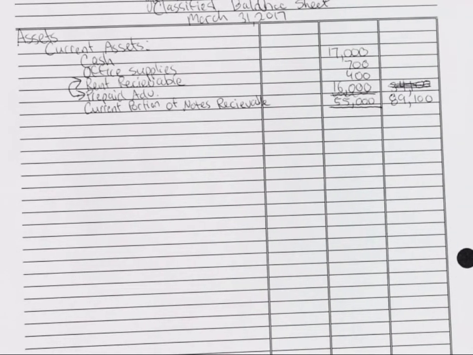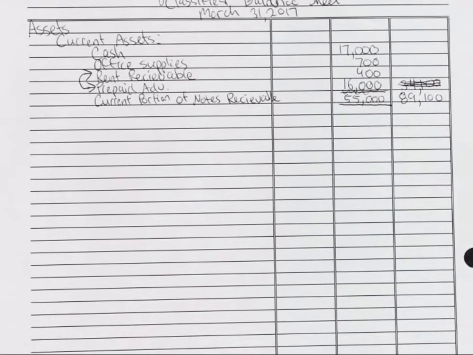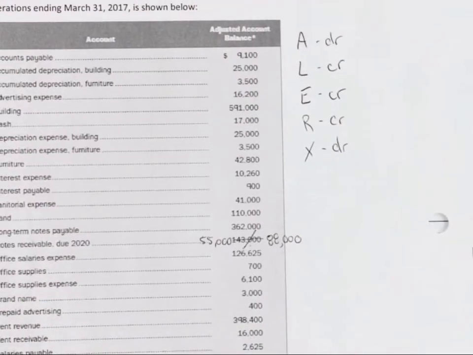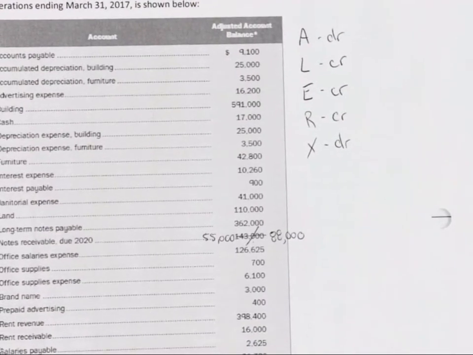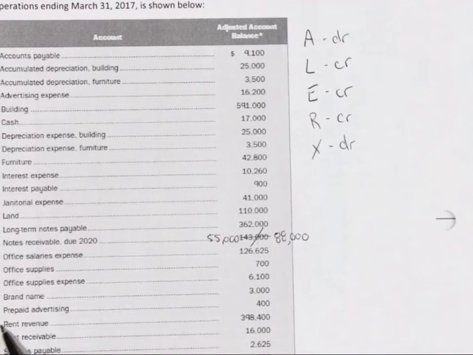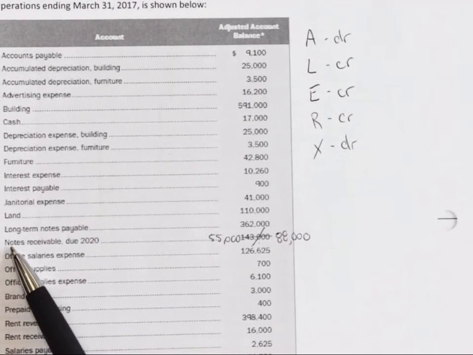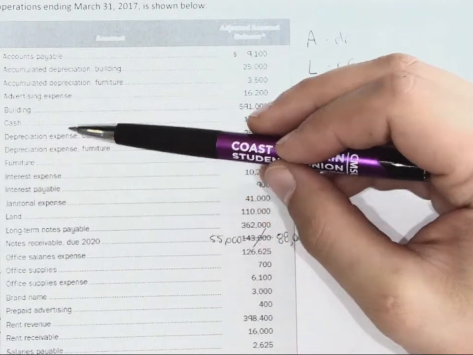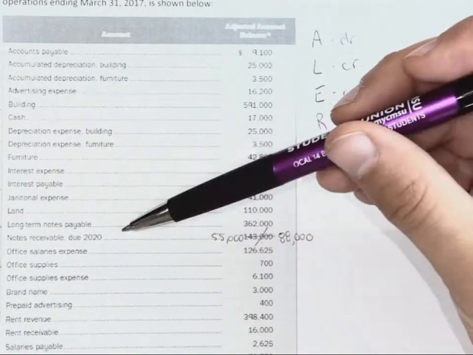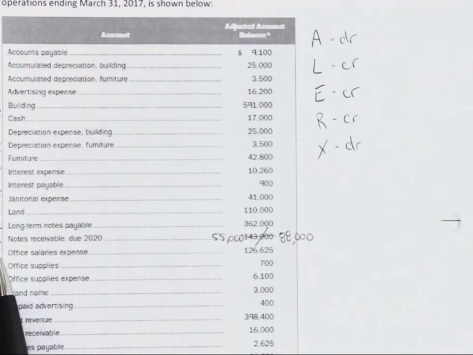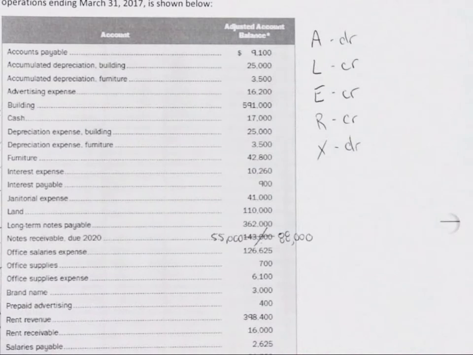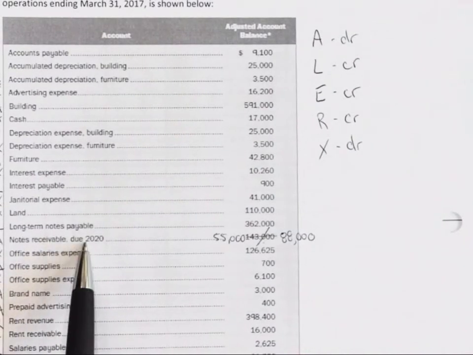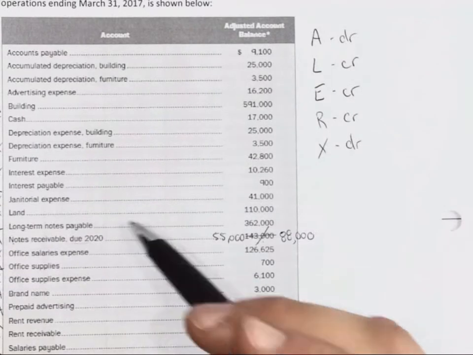What is our second type of category for a classified balance sheet? Do we have any non-current investments? Do we have land for future expansion? Do we have shares in a company? Do we have a bank or a loan outstanding receivable? Yes, we do. So notes receivable.